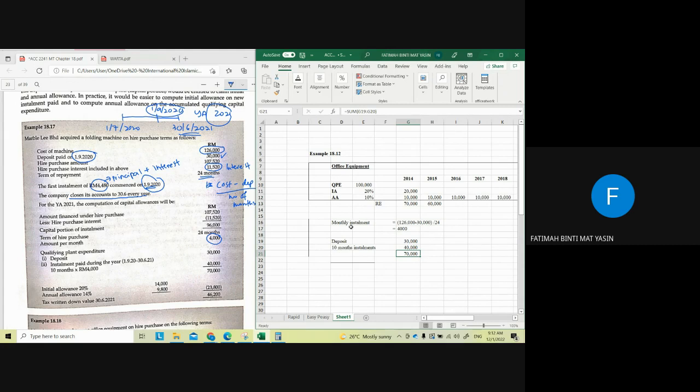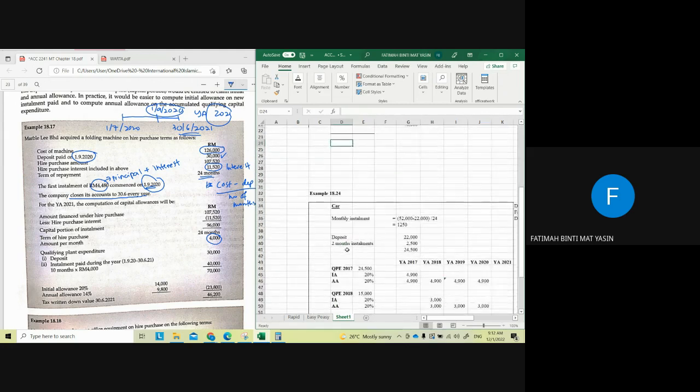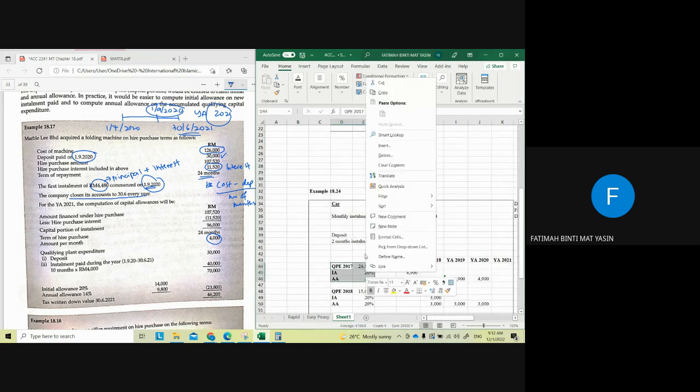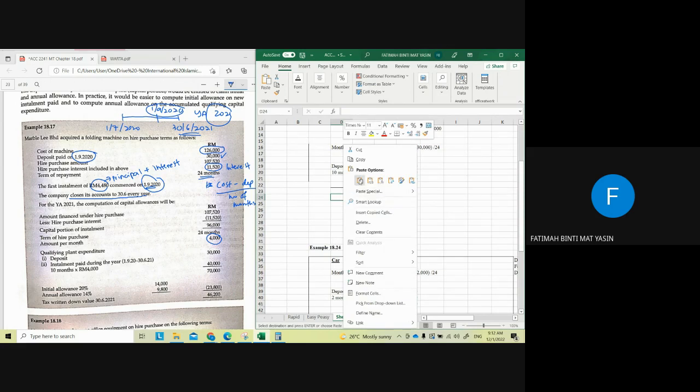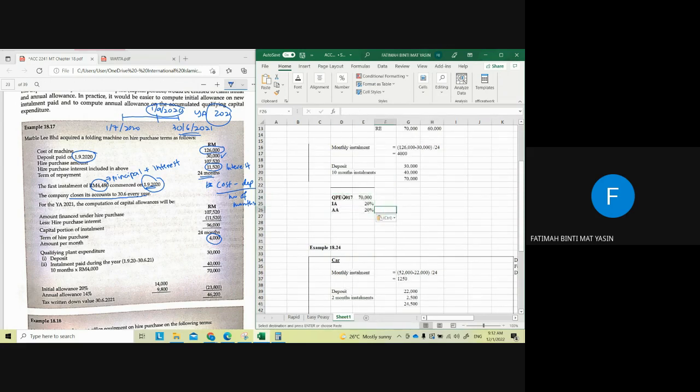The company already made installments, the company paid for 2021, the amount is 70,000. So therefore the QPE is actually 70,000. Okay, so this one is the QPE for 2021, the figure is 70,000.